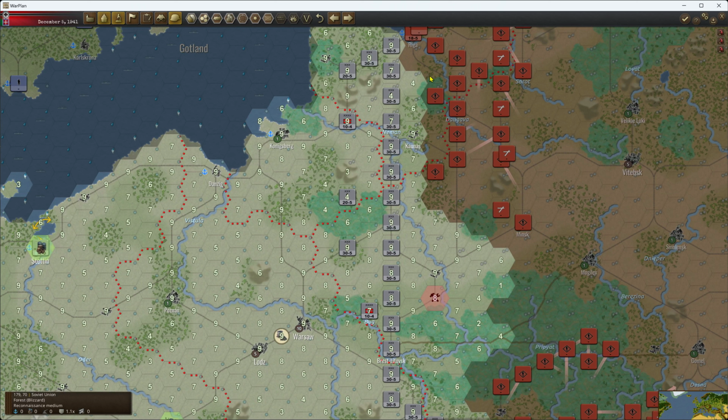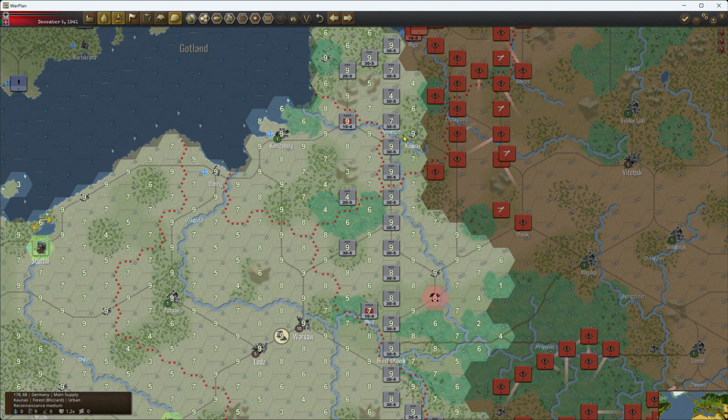I was up here against this river line, but I withdrew to an absolute straight line back, which only offers the Russians an attack on 2 hexes. And in this game, a 2-to-1 attack is pretty much suicidal.